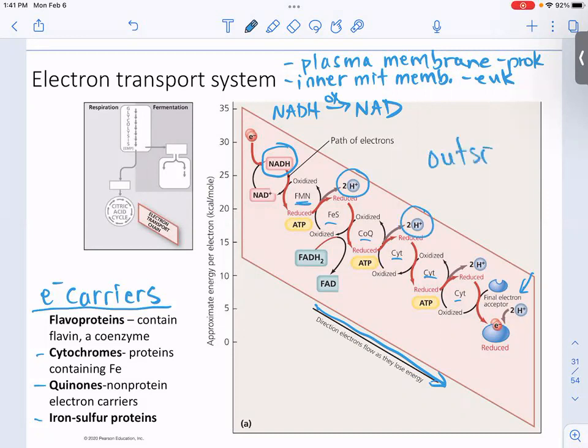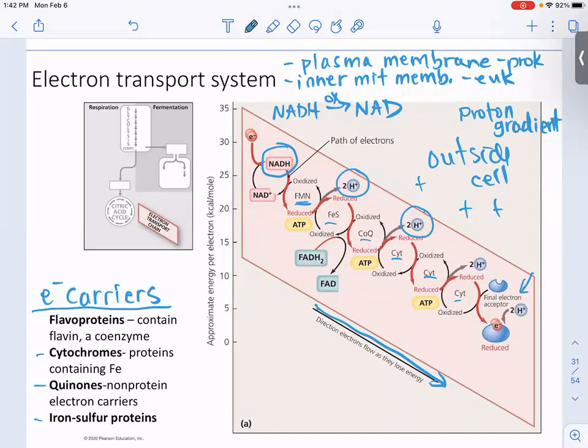This is outside the cell, assuming we're talking about a bacteria here. So the protons get pumped outside of the cell, and that's going to create a gradient. We call that a proton gradient: more outside of the cell than inside of the cell. That's going to be important.